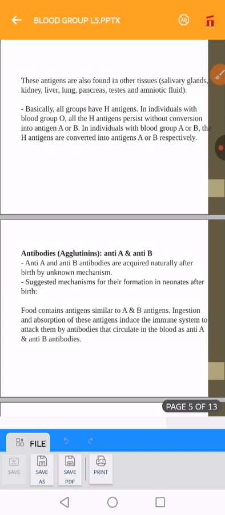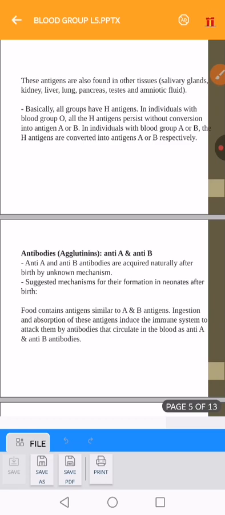If we take a sample from a blood group B person, we find antigen B on the surface of the RBCs, on the surface of the cell, and we find antibody A in the serum of that person. So any person with a blood group has an antigen and an anti-antigen.